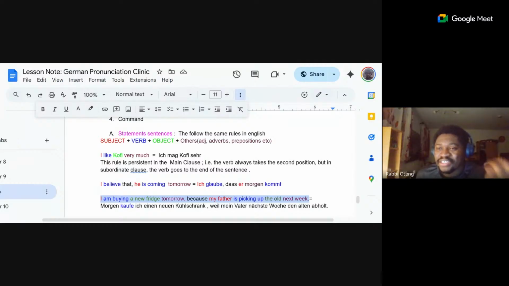Once you get a sentence structure, you always know where to put what. That's why I always say try to make longer sentences, even when you don't know the German word. For example, I am buying a new fridge. If you don't know the German word for fridge, just replace it with the English word: ich kaufe morgen a fridge.